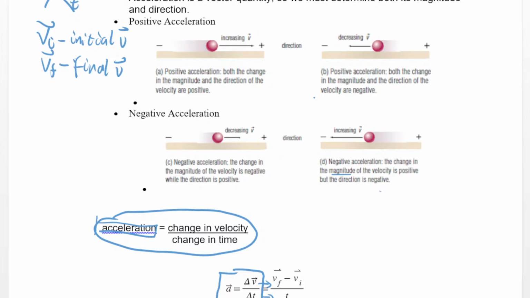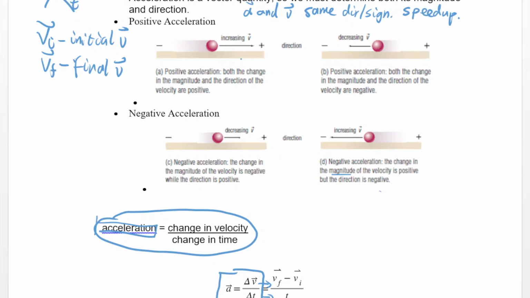Speed is a scalar. So if acceleration and velocity are in the same direction, you're trying to change the velocity in the direction it's already going, then you will speed up. Same direction or sign, then speed up.